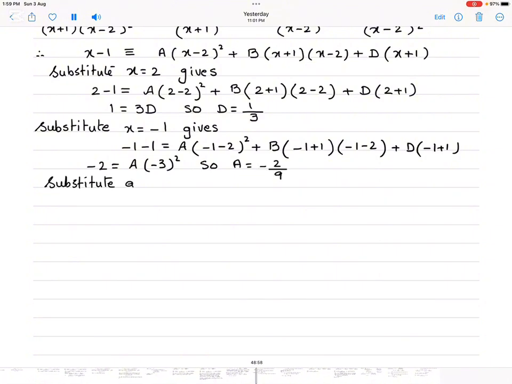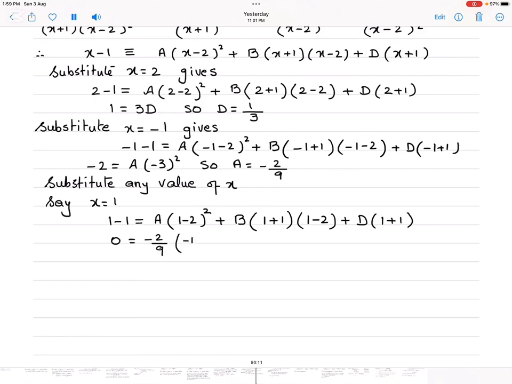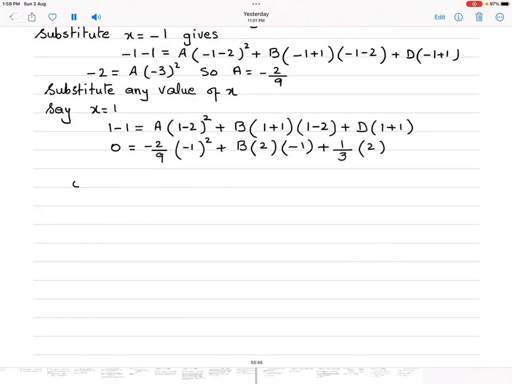Substitute any value of x, say x = 1. So 1 − 1 = A(1 − 2)² + B(1 + 1)(1 − 2) + D(1 + 1). 0 = −2/9, which was the value of A, times (−1)² plus B times 2 times (−1) plus D, which was 1/3, times 2.